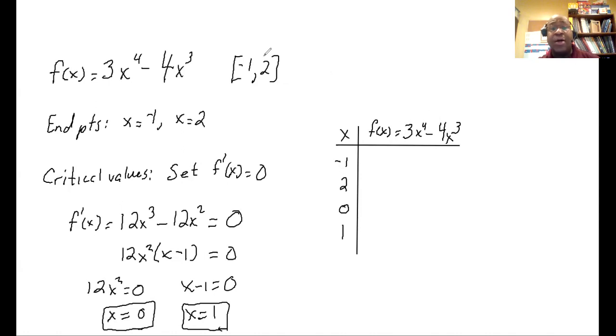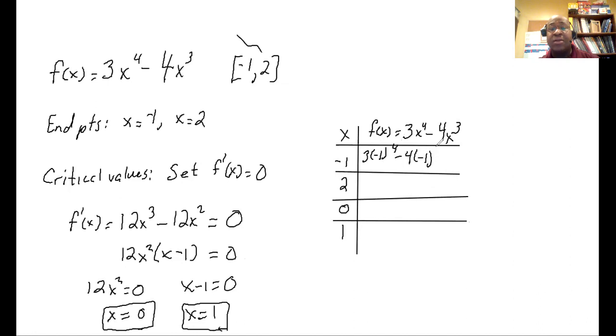So for -1, that'll be 3 times -1 to the 4th minus 4 times -1 cubed.